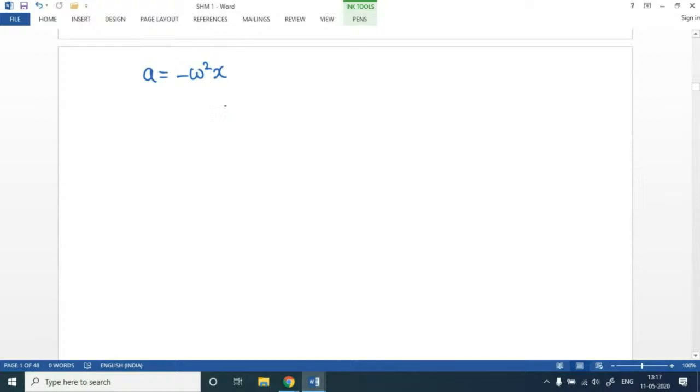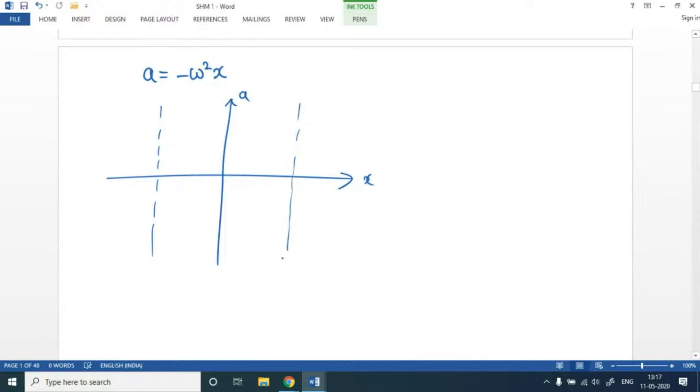So when you plot the graph a versus x, let's say this is a and this is x, the graph will be a straight line between the two extremes, x is equal to minus A and x is equal to plus A. So the graph would be something like this.